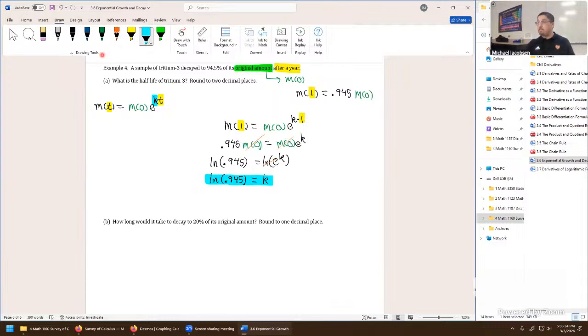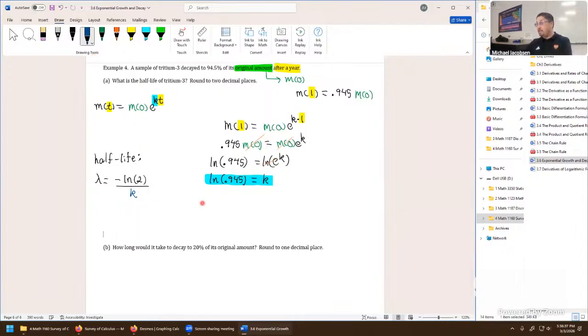So that plugs in right there, but the question is half-life instead. So let's say half-life, we write in as a variable lambda, Greek letter. It's defined to be negative natural log 2 divided by k. So that's the formula from above on example 3.